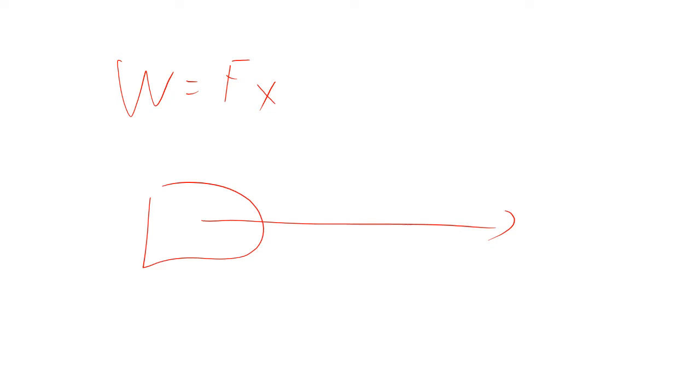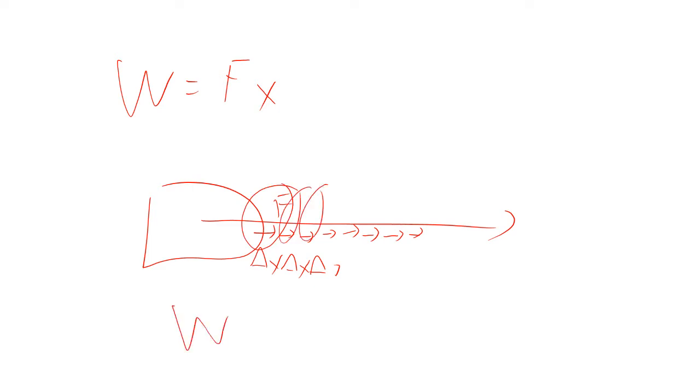But there's another way of looking at it. We know that work is force times distance. Well, we're exerting this force, so we can imagine the force acting over a very tiny bit of delta x. We exert a force here, and so we can find the work there, the work there, the work there.